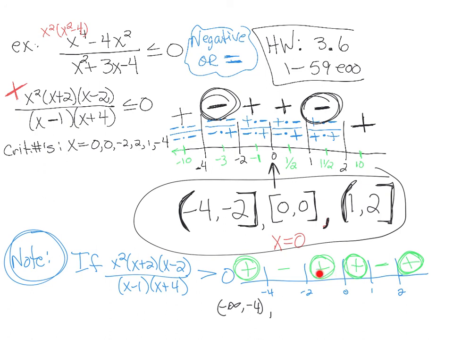Then I'm going to look at this next interval. It's positive from -2 to 1, except here where it's exactly equal to 0 and I can't equal 0. So my interval has to go from -2 to 0 and stop and start again at 0 to 1. And this is what I wanted to show you.